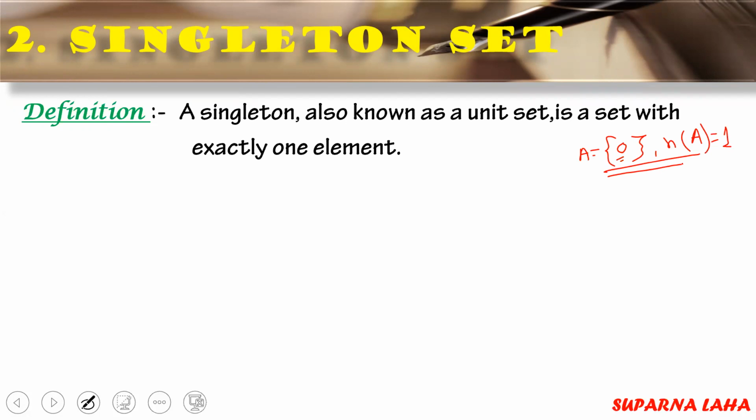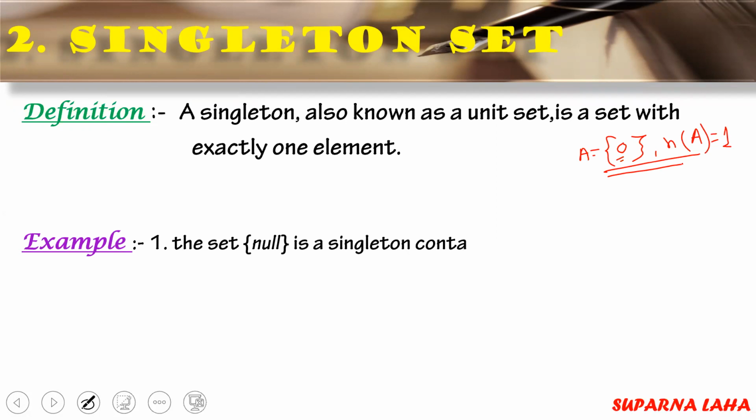Let's check some examples. First one is the set {null}, a singleton set containing the element null. Now don't think that null always means the null set. Here I'm taking null as a word. So this set contains only this word null. So this is a singleton set.